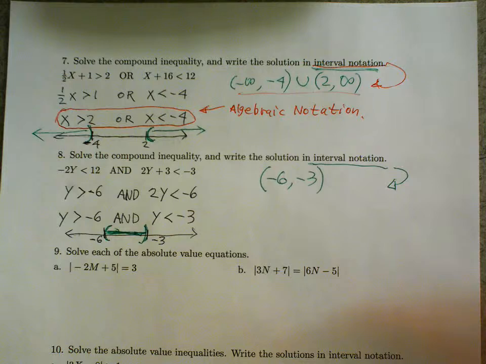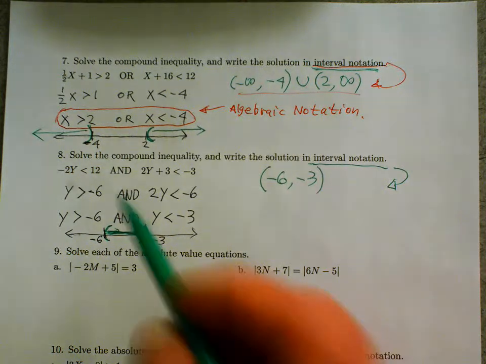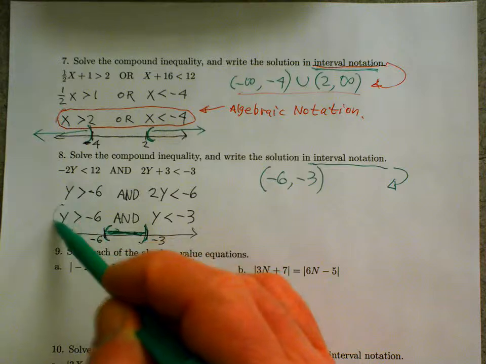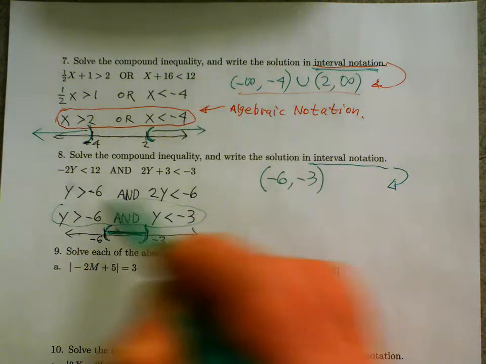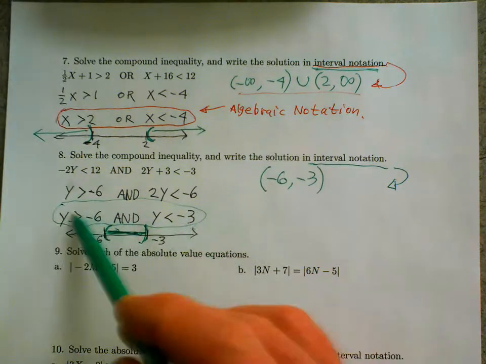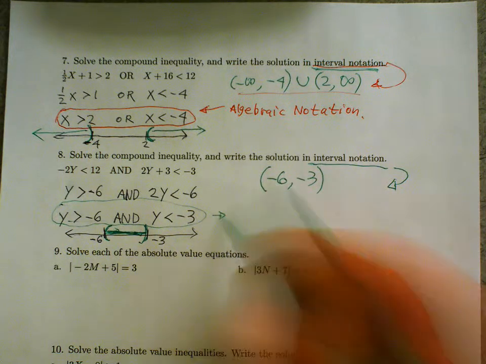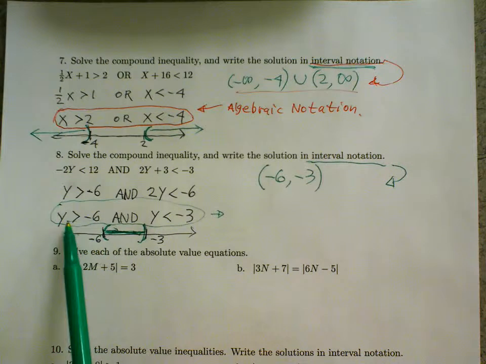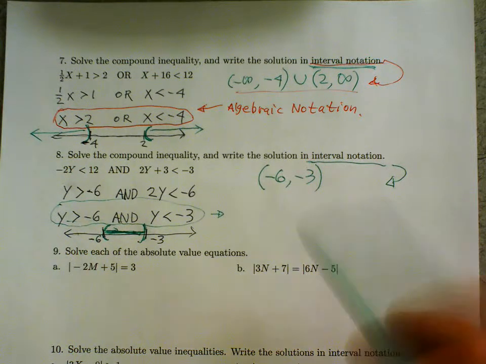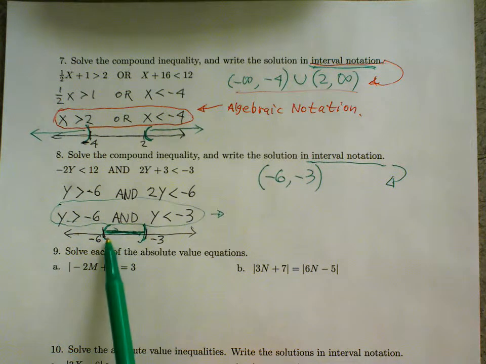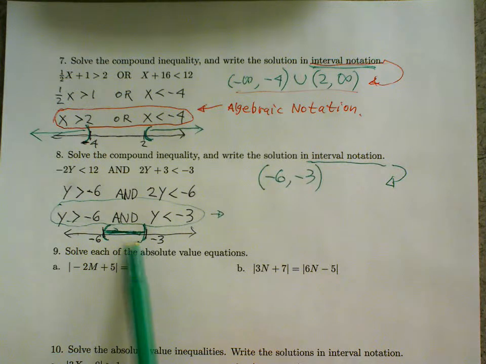The algebraic notation. Well, you could argue that this is the algebraic notation, but this can be written more concisely. So the way that we would want to write the algebraic notation is, well, we can use the graph as a guide.